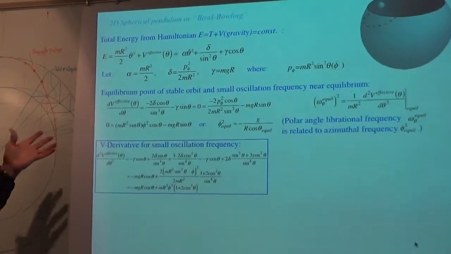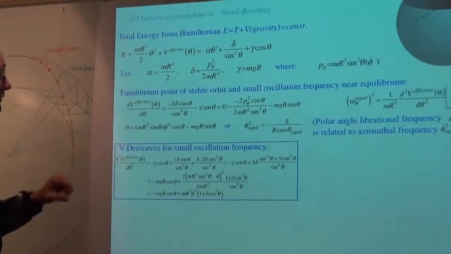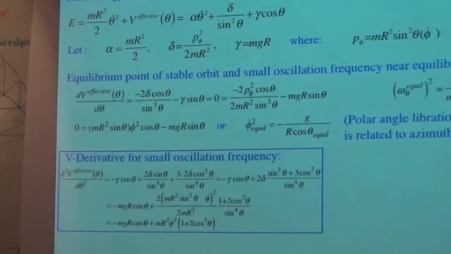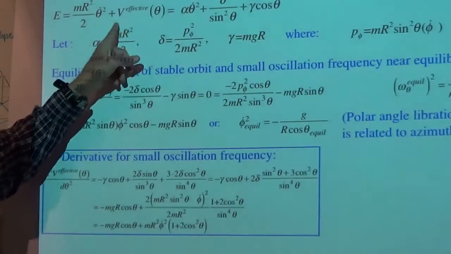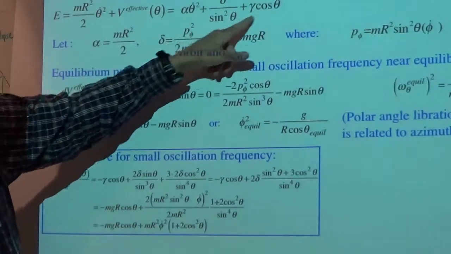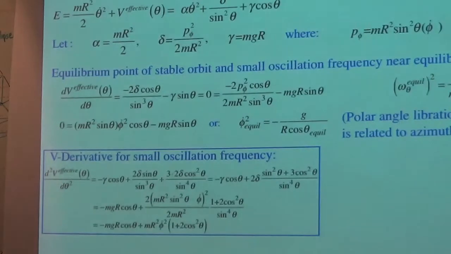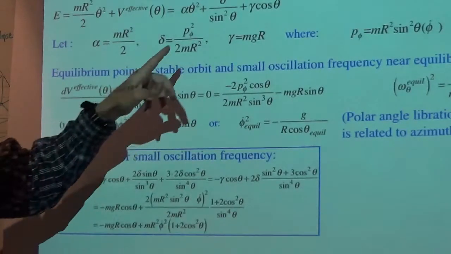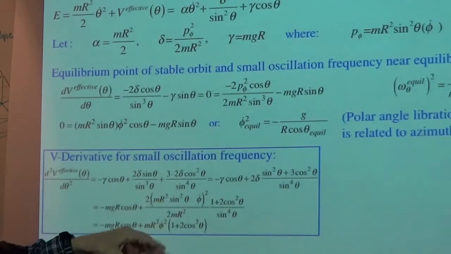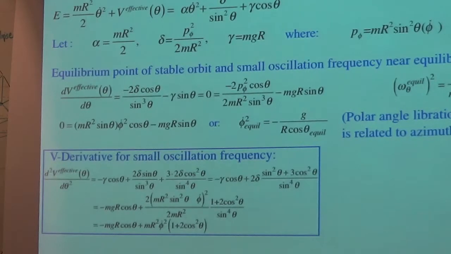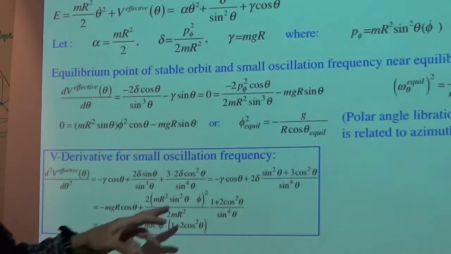Okay, so let's do that derivative. We need another derivative. We've got the one to get the stability. Here's the second derivative of this thing. Talking about V effective here. So we end up, of course, with a couple of terms. We have a sine cubed here and a sine fourth there. It's a little bit complicated, so lots of room for making all sorts of mistakes, which I hope by this time I'm not making.